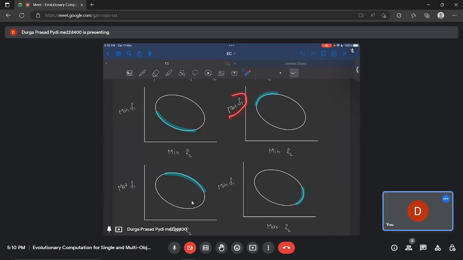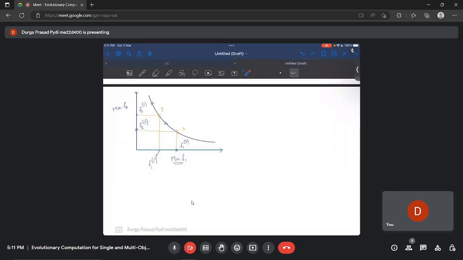When you have the max of one function and the min of another function, then it will be somewhere over here. Here it is an elliptical shape, and the tilt is to the right side. Suppose the tilt is on the opposite side, then how will it change?